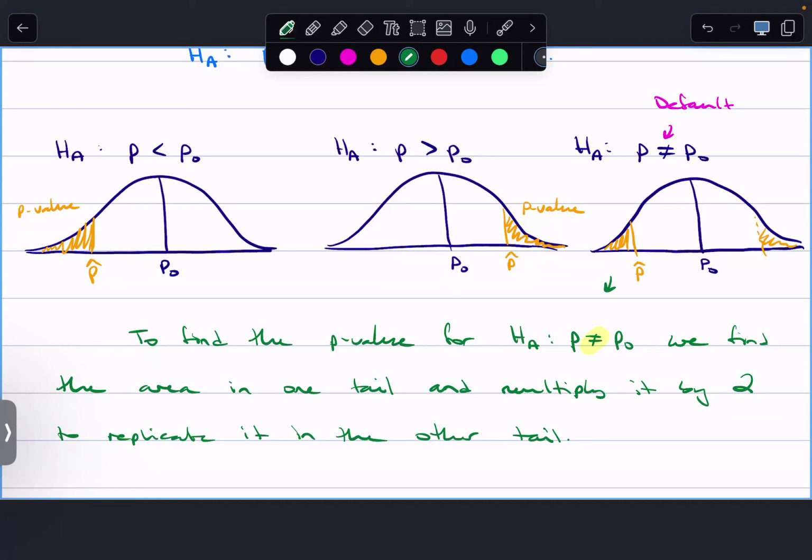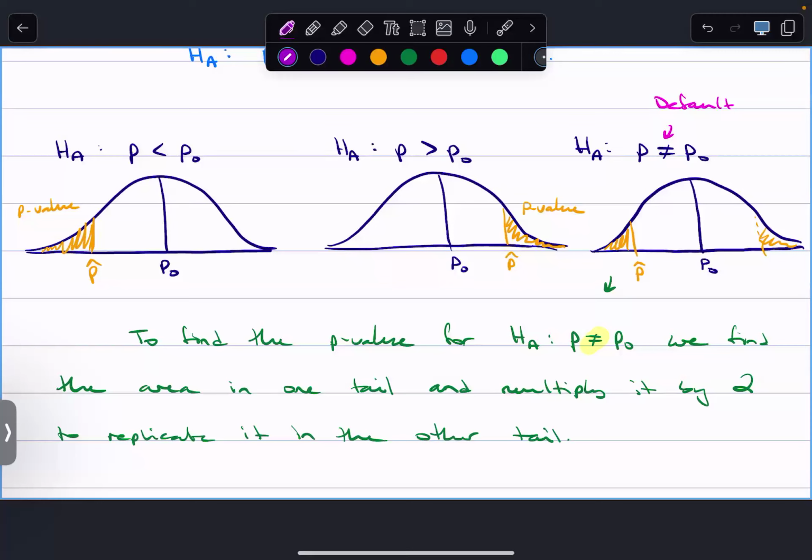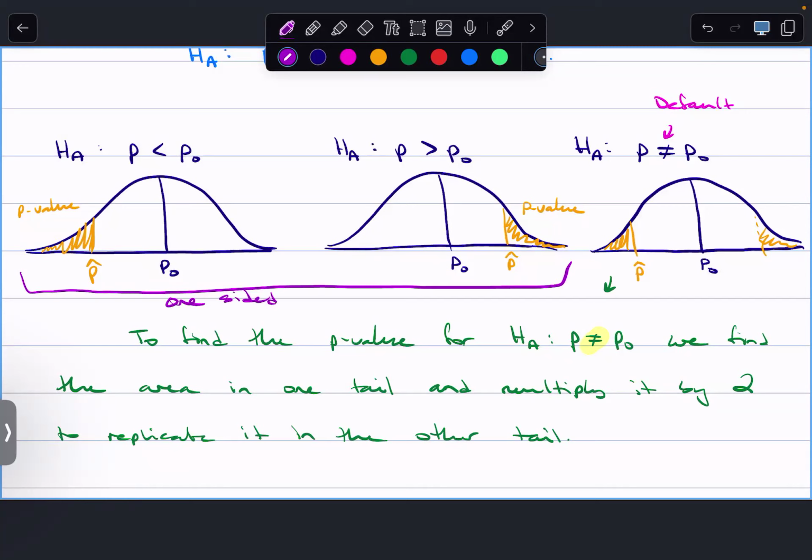Let's see here. I'm trying to find a color I haven't used. Oh, maybe purple. That's nice. These are called one-sided or one-tailed tests, right?